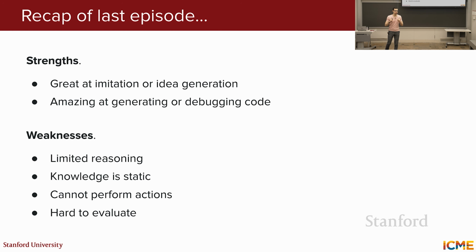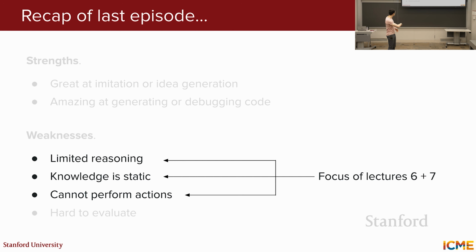And we also started from this slide last time. If you remember, our LLM has strengths, but also weaknesses that we're trying to mitigate. So in particular, the focus of lectures 6 and 7 were on methods to improve reasoning of the model and ways for the model to fetch knowledge from other systems, as well as performing actions.